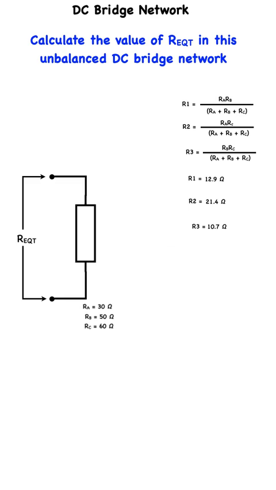From this now simplified series-parallel circuit, it can be seen that REQT equals R3 in series with the parallel combination of R1 in series with RD and R2 in series with RE, or REQT is equal to 10.7 plus 12.9 plus 40 in parallel with a quantity 21.4 plus 20, which can be rewritten in long form as this.